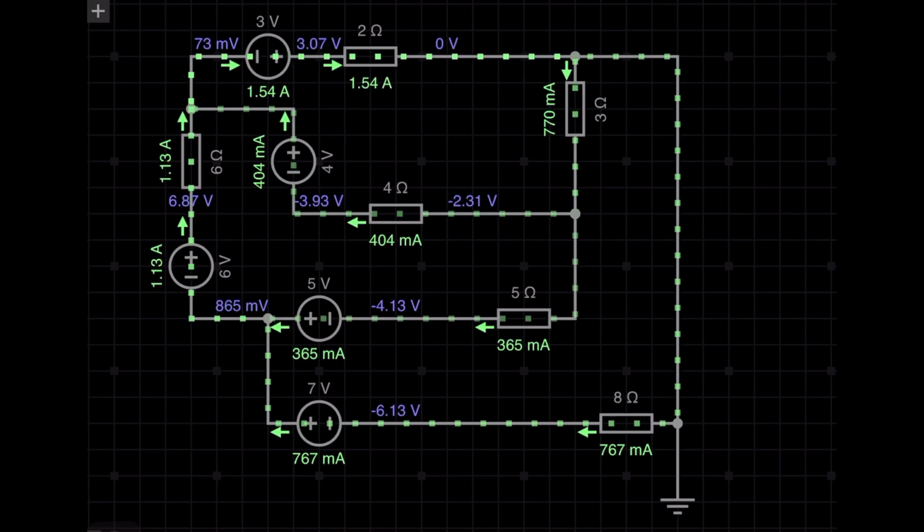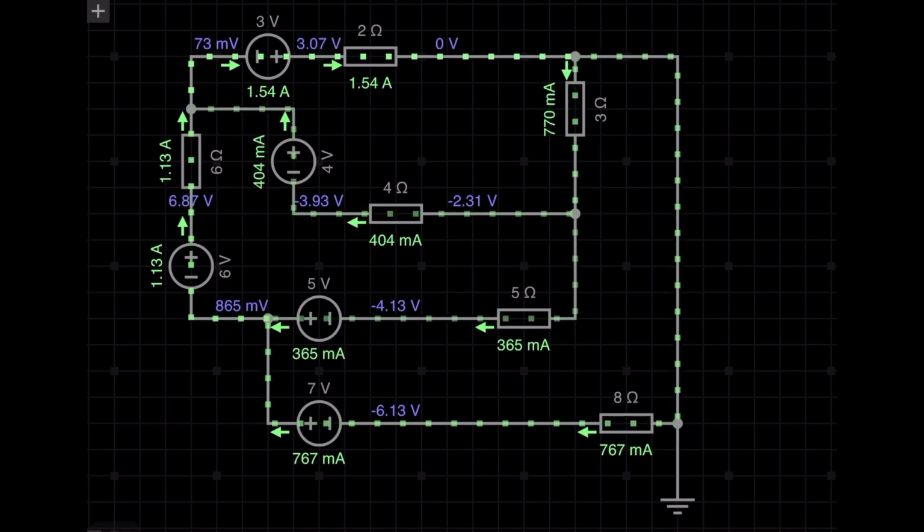Current flowing through 3 ohms, which is 0.77 ampere, or 770 milliampere. Then current flowing through 4 ohm, which is 0.41 ampere we got, it is 404 milliampere, the exact value.